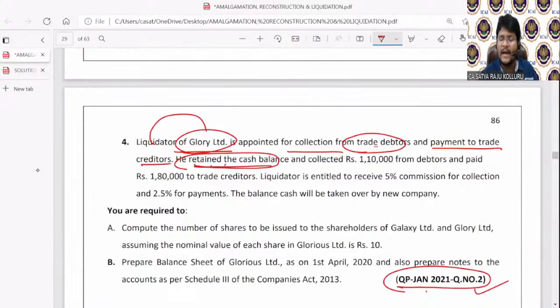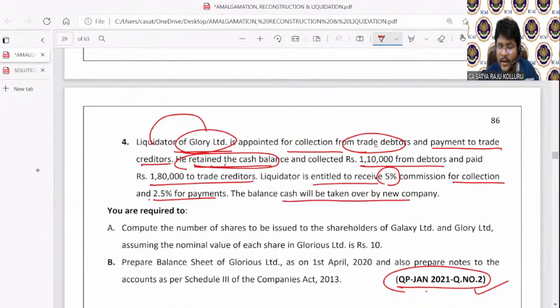He retained the cash balance and collected 1,10,000 from debtors and paid 1,80,000 to the trade creditors. The liquidator is entitled to receive 5% commission for collection and 2.5% for payments. The balance cash will be taken over by the new company. Oh my God, the balance cash is taken over by the new company, he is telling.